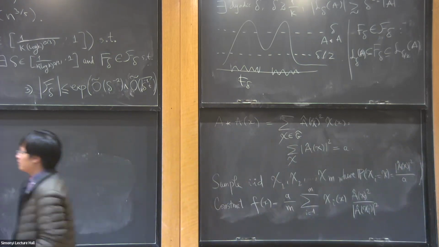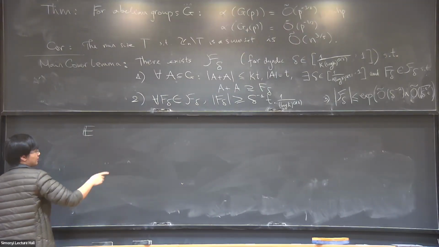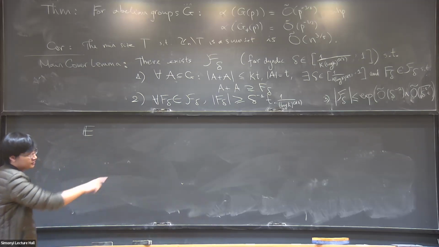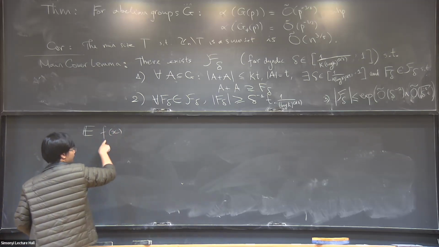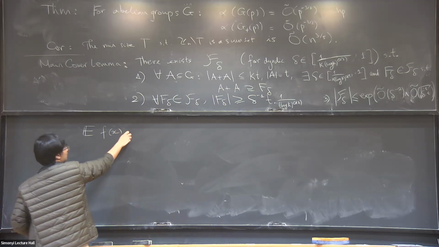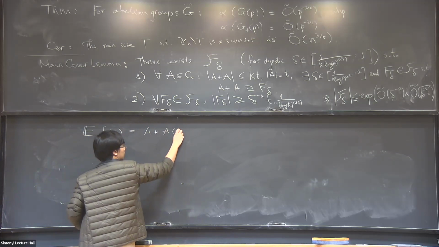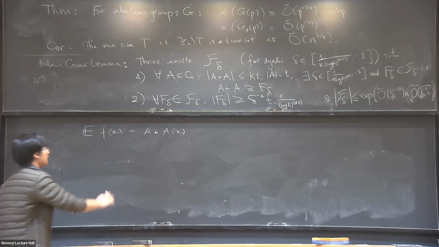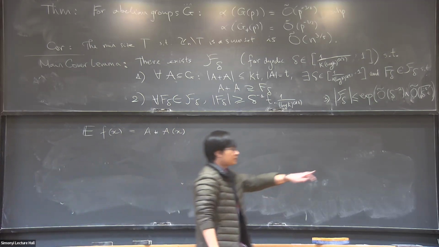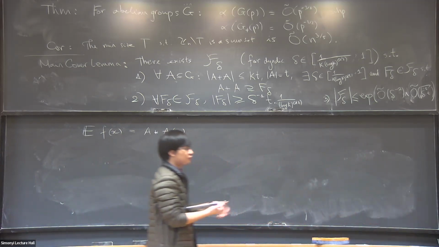Of course, we have defined everything in order to make sure that the expected value over the randomness of the samples chi of f of x, so f is a random function, and for every x, the expected value of f of x is exactly the convolution of A at x. And as we have noted, all of the terms in this average over m random terms have absolute value at most 1.